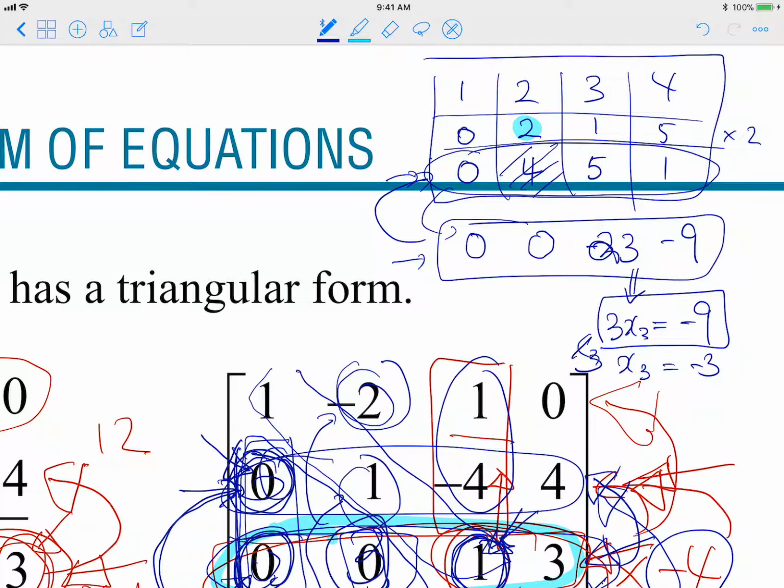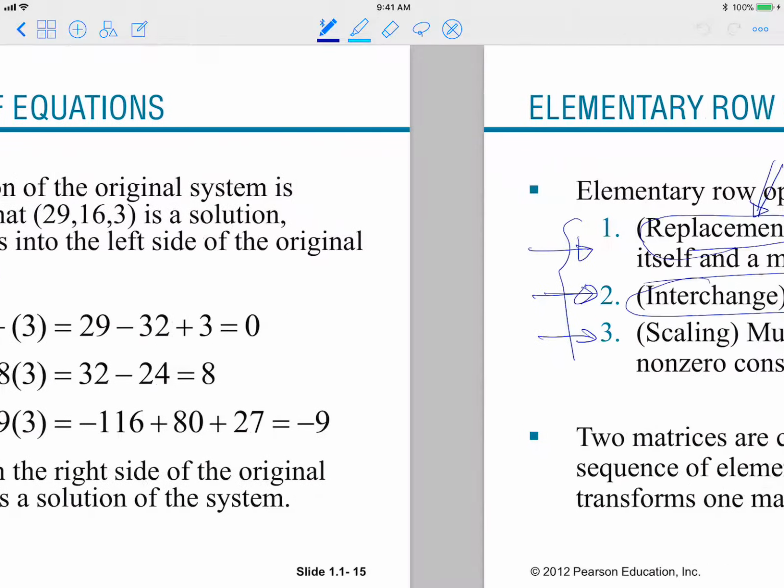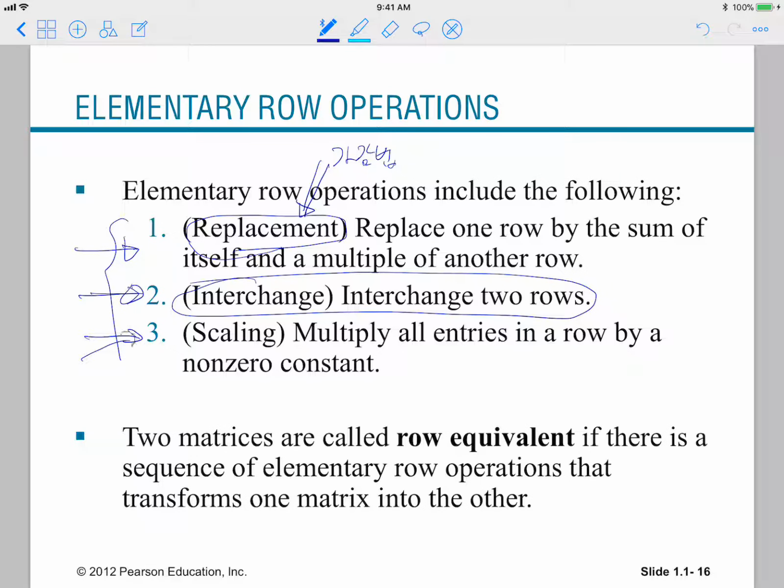So by using this single equation, we multiply it by a certain number, which was 1 over 3. We call this row scaling, and that corresponds to this third step.